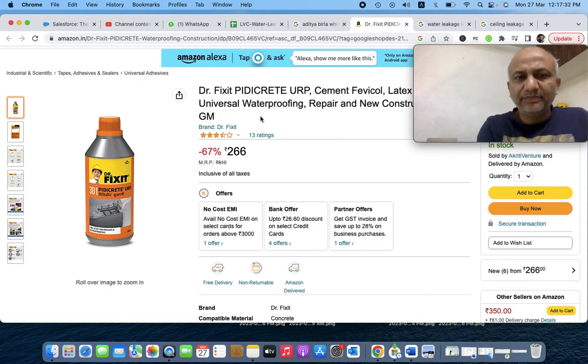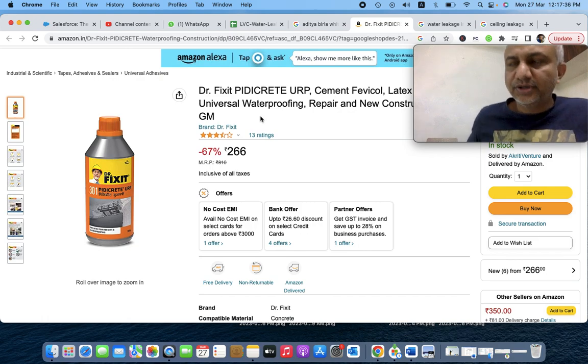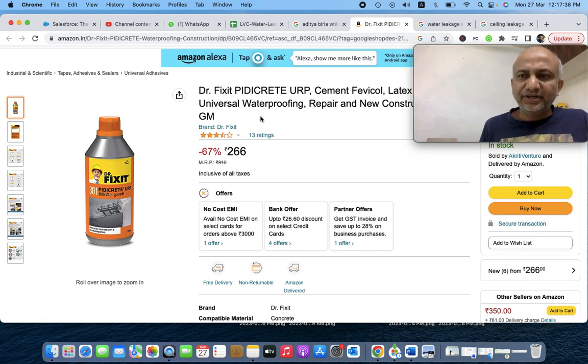Then you can either put the paste, or the other option, if it is a large area, is to use raw cement and a mixture of sand with water. Or you can use the paste that you have created using these two solutions.